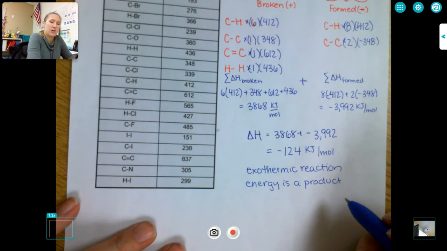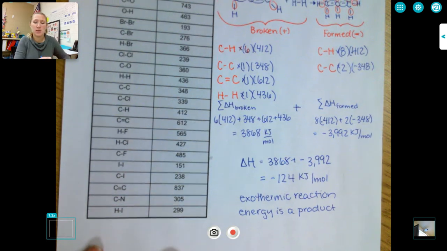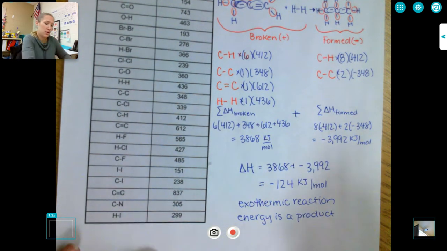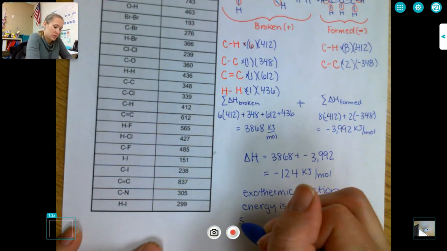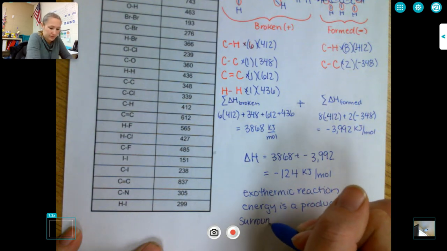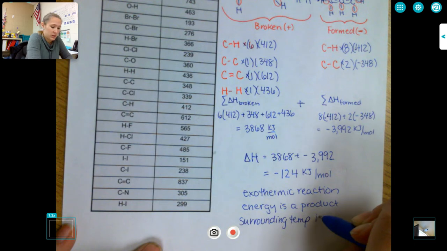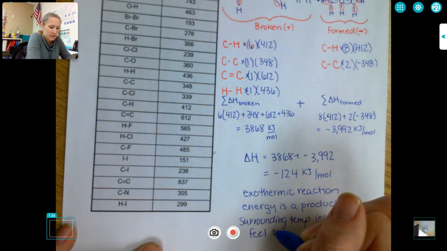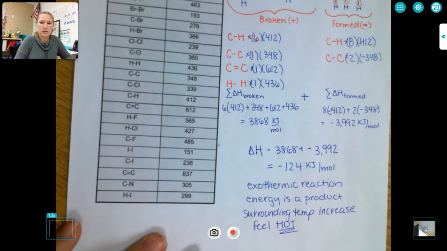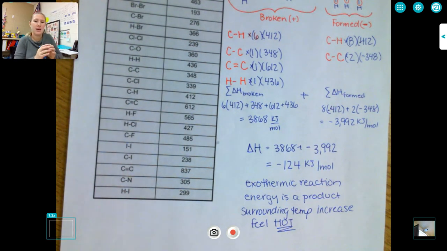And also, if I were to do this in a beaker and then touch the beaker, it would feel hot. So the surrounding temperature would increase and it would feel hot. Okay, because I would feel the energy leaving or being released from the forming of my new bonds.